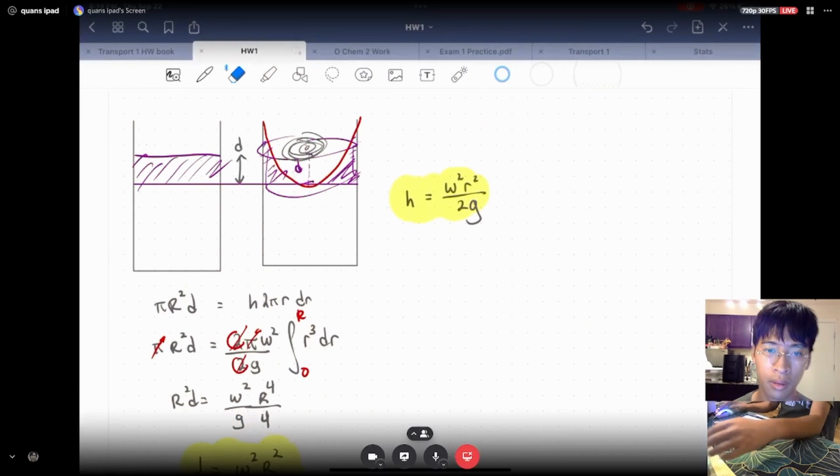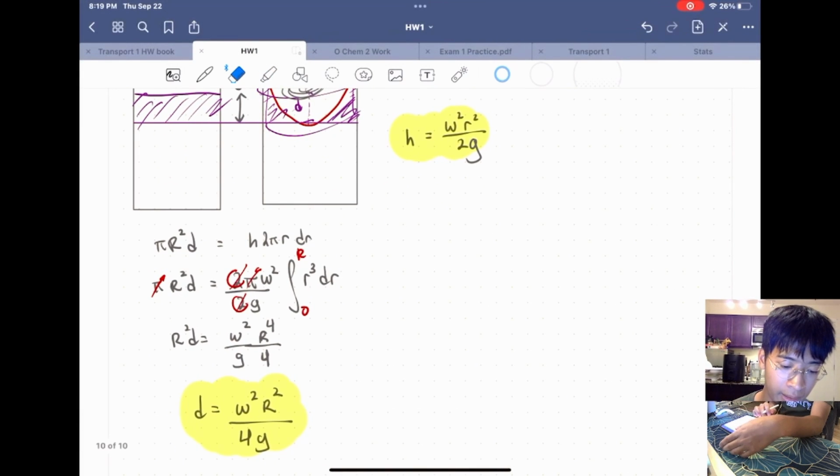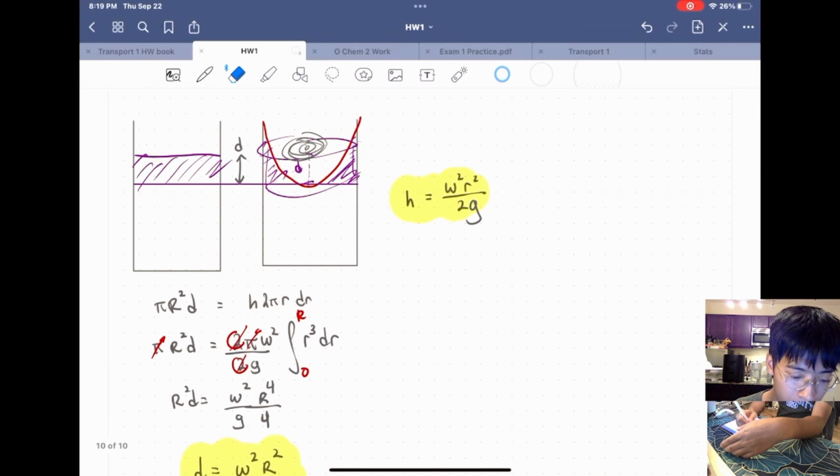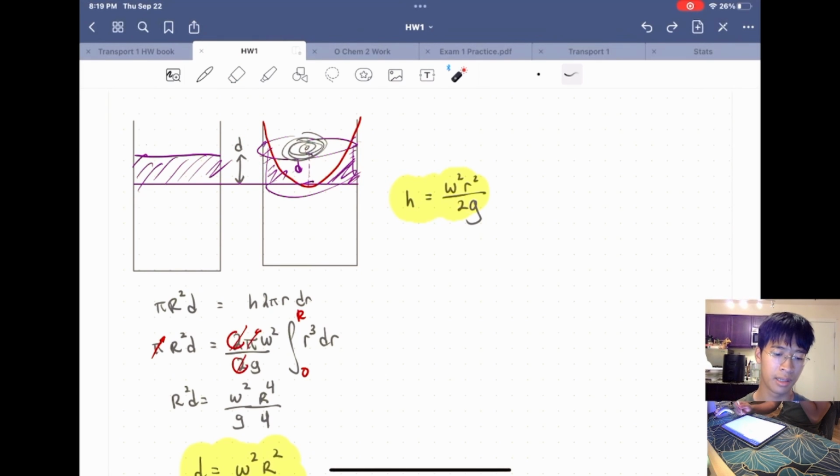Okay. Well, now what? I have two expressions, a level of depression dependent on angular velocity and a height dependent on angular velocity. Let's see if we can relate this to the height of the beaker.